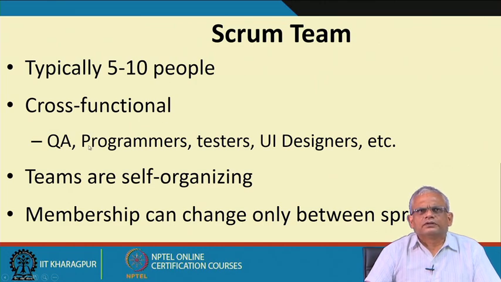The team members, typically 5 to 10 people, have cross functional expertise. For example, a team member may have quality assurance, programming, testing, UI designing, etc. Typically they have different functionalities, and maybe multiple of them.